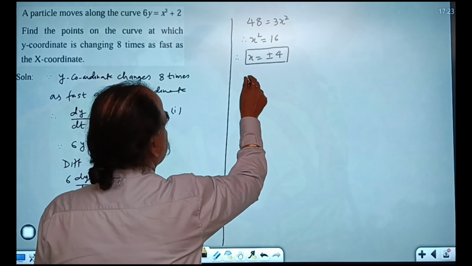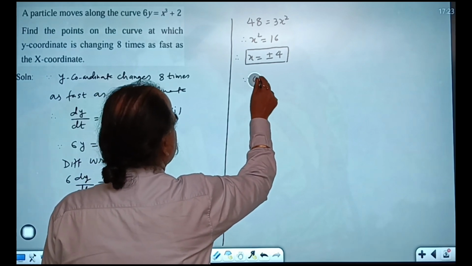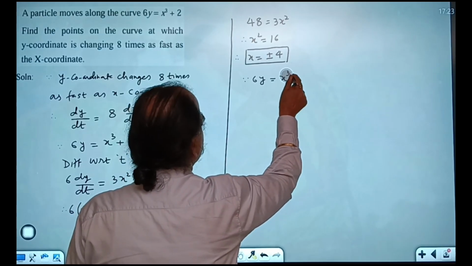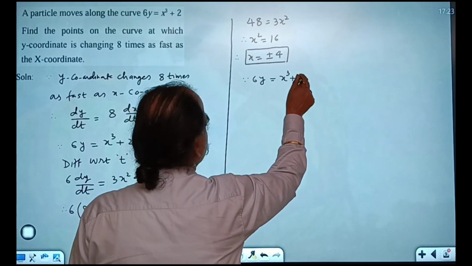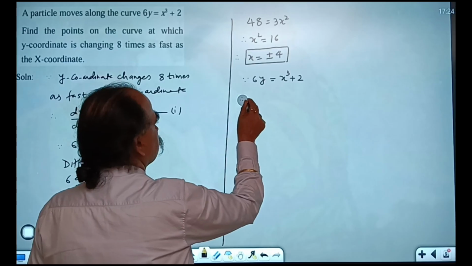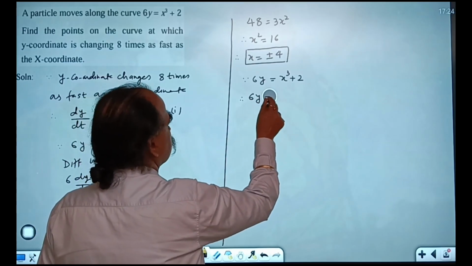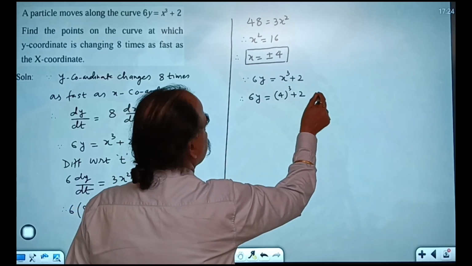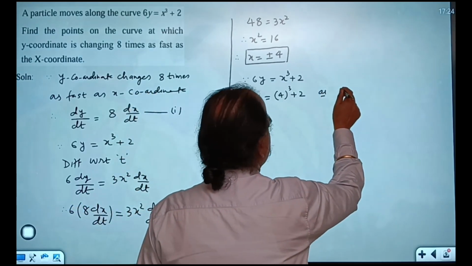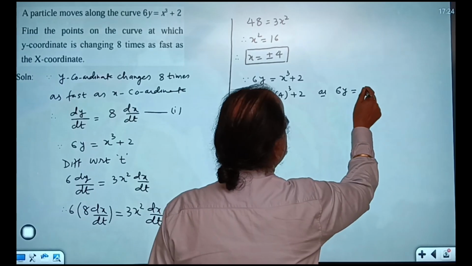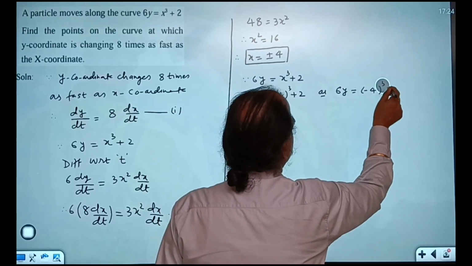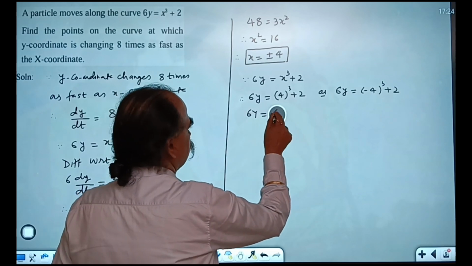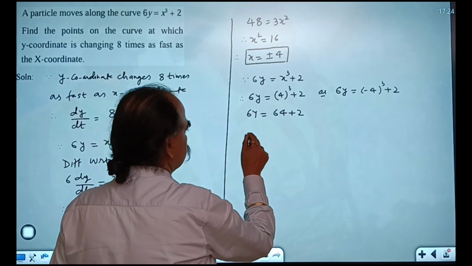Since 6y is equal to x cube plus 2, therefore 6y is equal to 4 cube plus 2, or 6y is equal to minus 4 cube plus 2. 6y is equal to 64 plus 2.